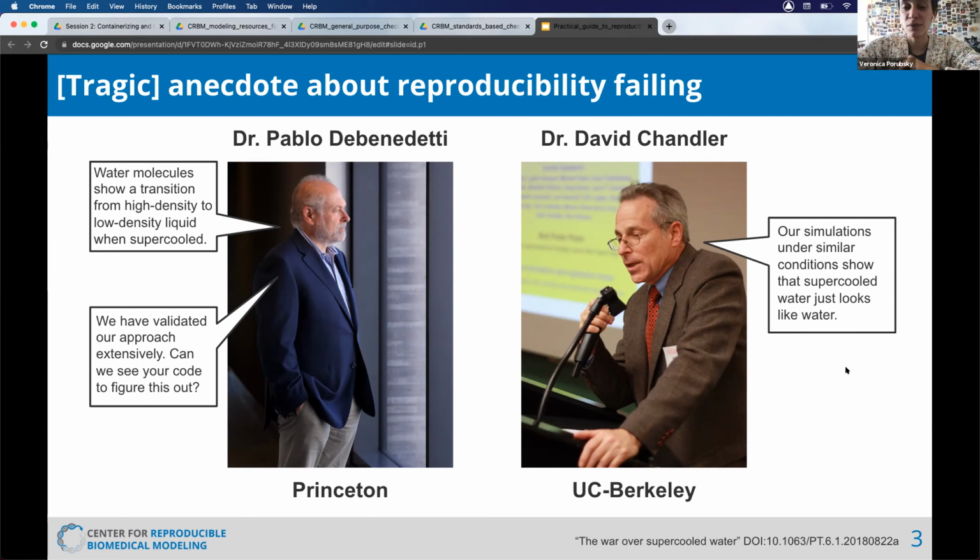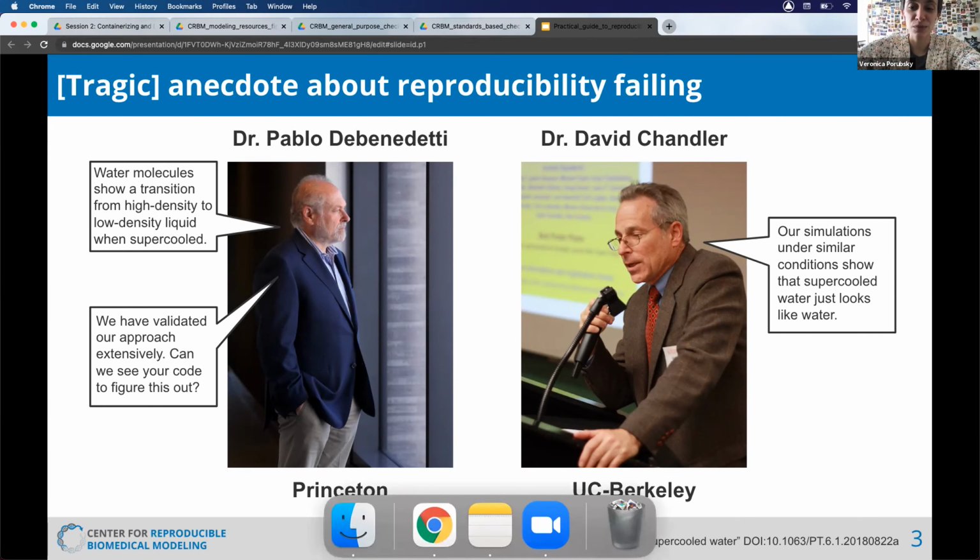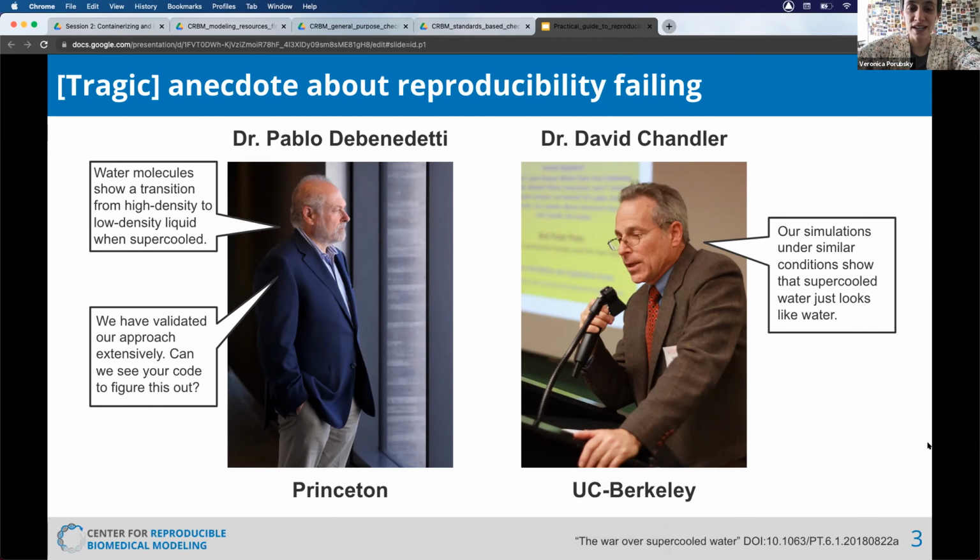David Chandler at UC Berkeley and Pablo De Benedetti at Princeton, and of course their respective laboratories. These two groups were investigating a very similar problem, both modeling the same system, attempting to determine what water molecules looked like when they were supercooled, but still in a liquid state, basically immediately before they would become ice.